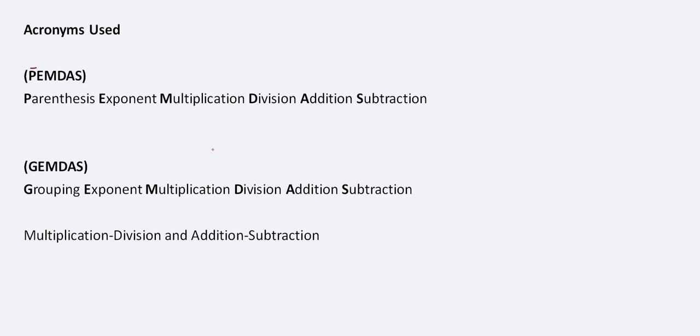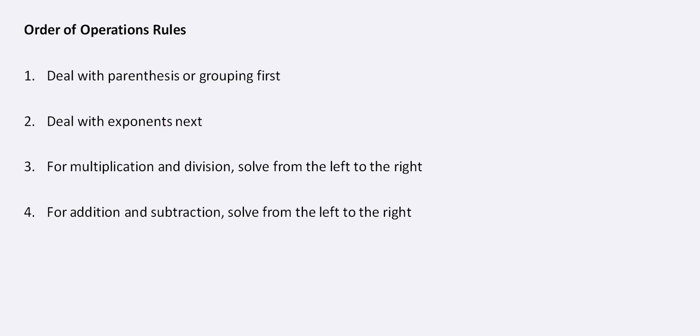One of the interesting things is with the MD and the AS, if you have those operations, you always want to start from the left hand side, and we'll look at some examples that show all of that. So here are the rules. You want to deal with the parentheses or grouping first, and you want to deal with exponent after that.